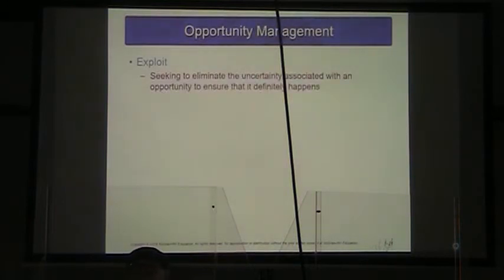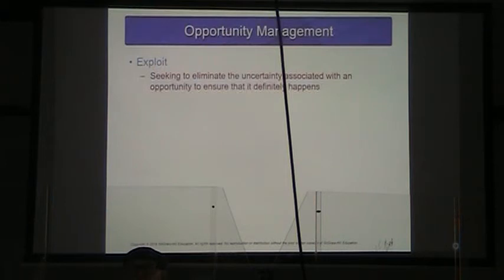All right, well, sometimes an event that happens is not a severe risk or doesn't have a bad impact on our project. It may be an opportunity. So the first way we can deal with this is exploit the opportunity.